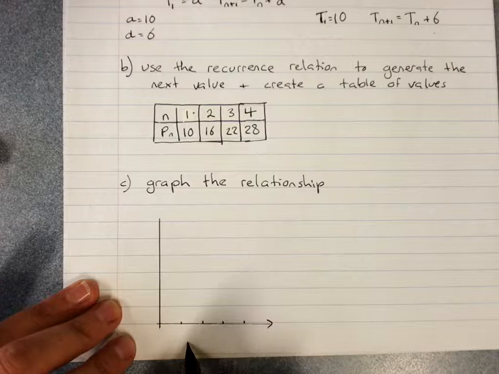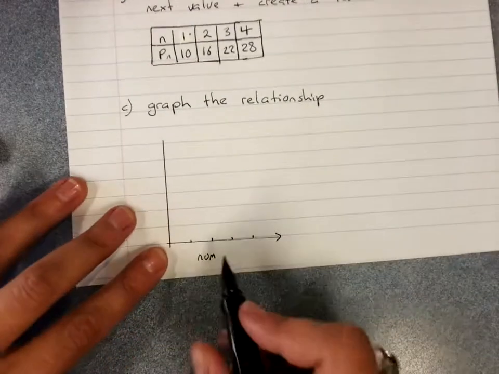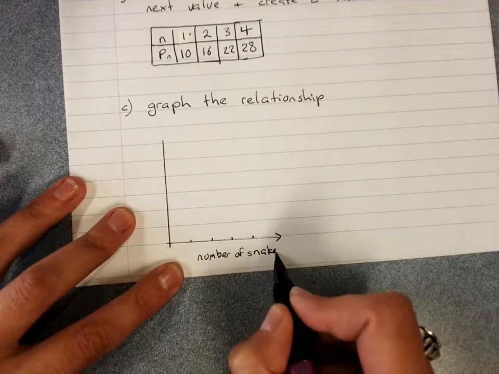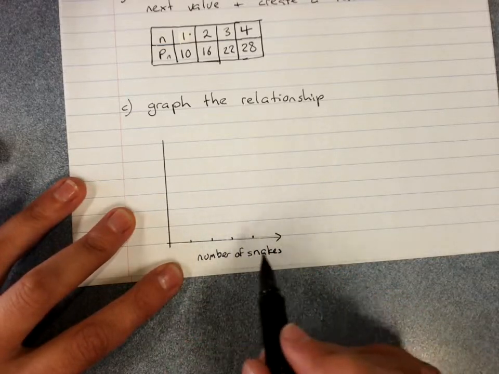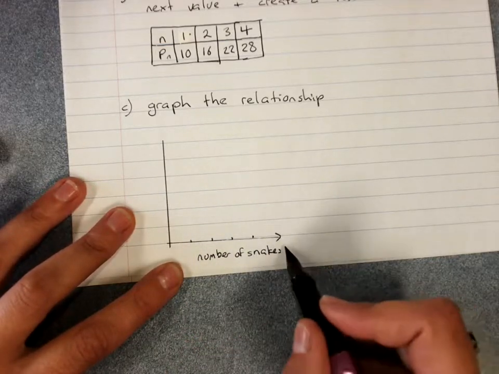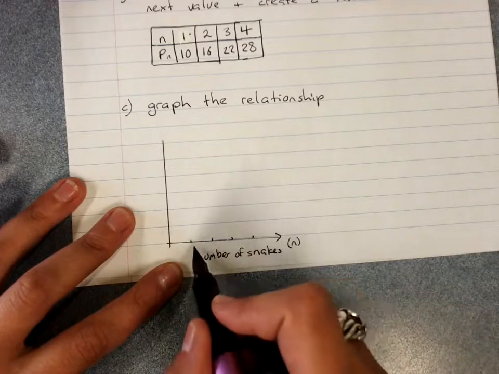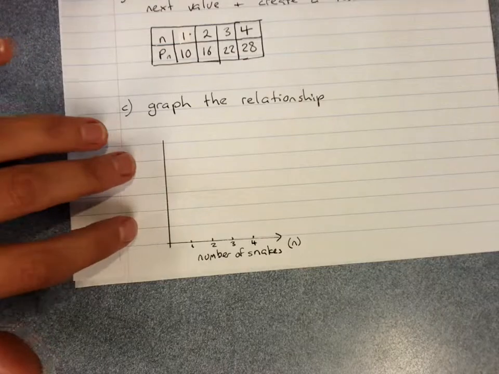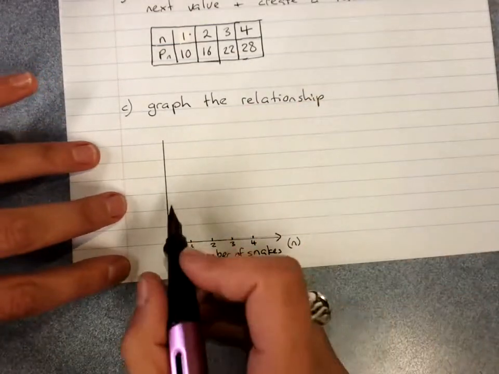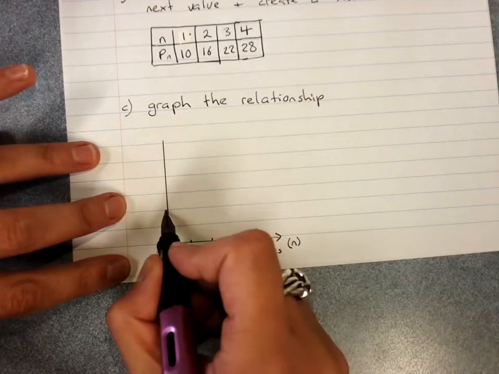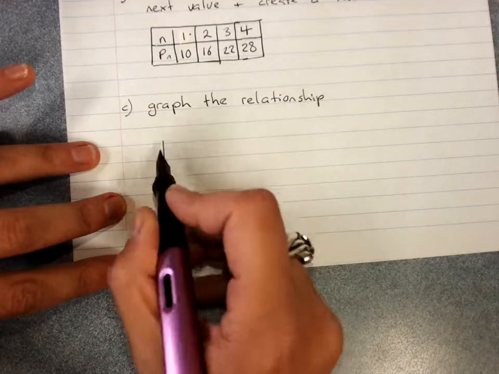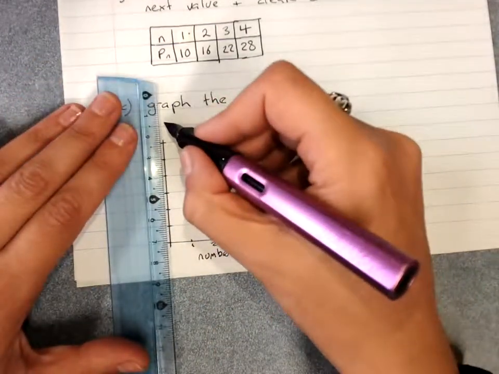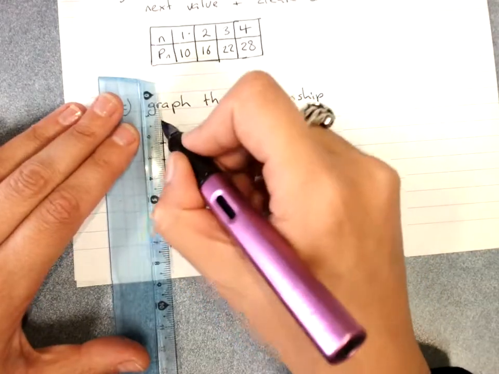This is number of snakes, or just n, that would be fine too. We need to go up to 28. What would happen if I went 4, 8, 12, 16, 20, 24? Let's sneak up there and manage 28 and we're good.